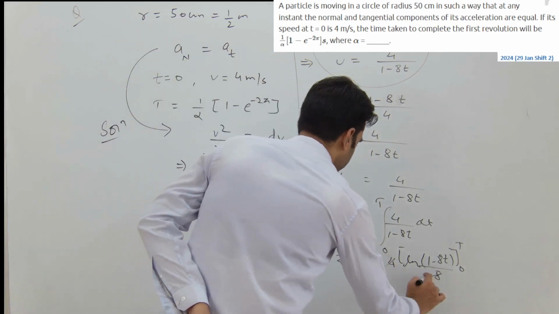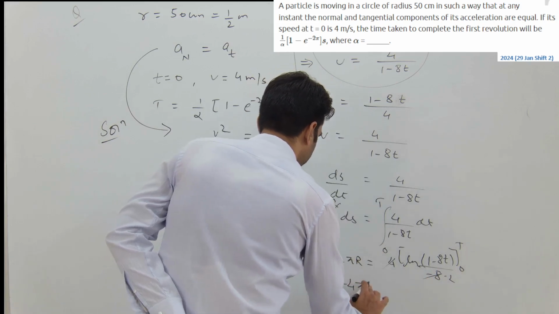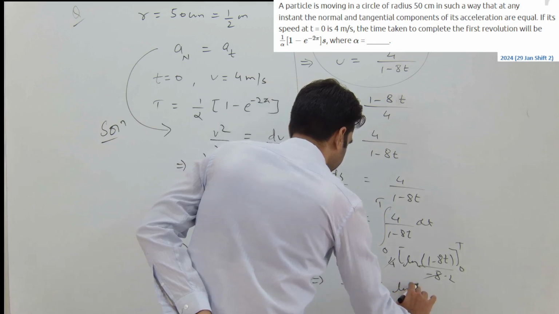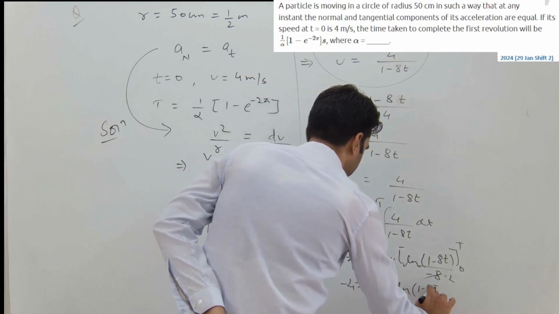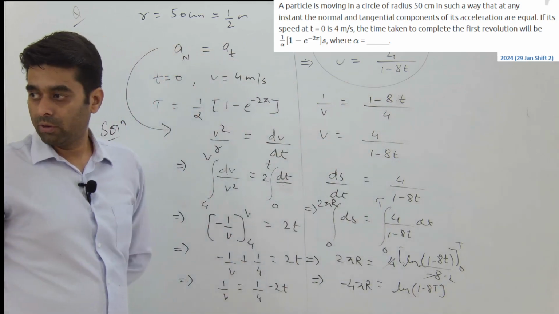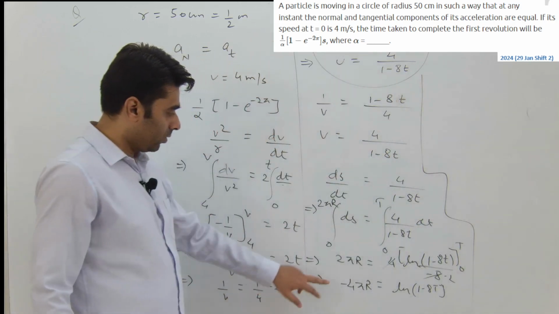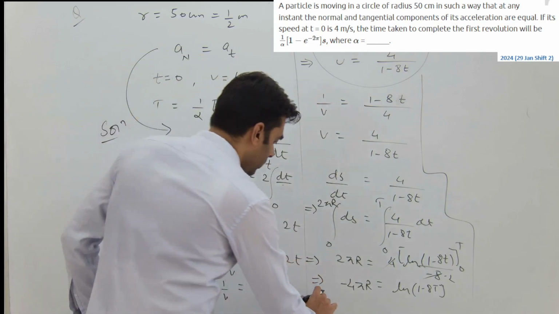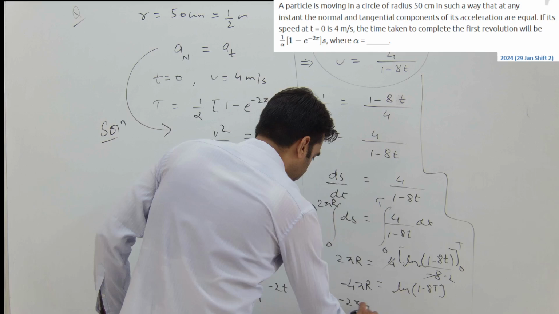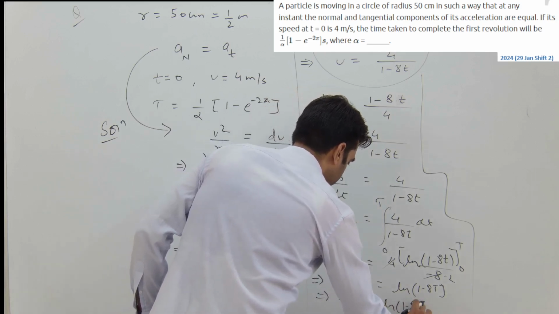So 4 times minus 2, it comes over here, minus 4 pi r is equal to ln of 1 minus 8 into capital T. The r value is 1 by 2. I hope it's visible down here. Let us solve it. Over here the r value is 1 by 2, so we get minus 2 pi is equal to ln of 1 minus 8T.